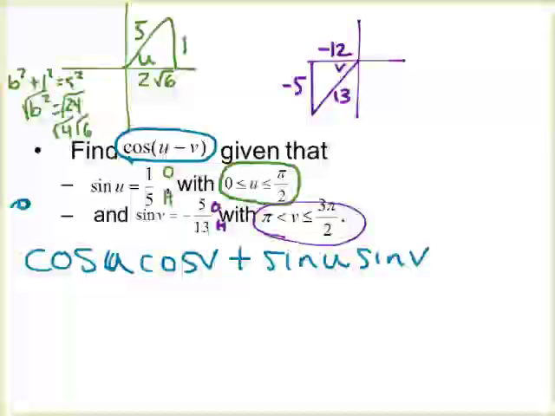So cosine of u, I look at the u triangle. Cosine is adjacent over hypotenuse, so that's 2 square root of 6 over 5. Then times the cosine of v, look at the v triangle, adjacent over hypotenuse is -12 over 13.